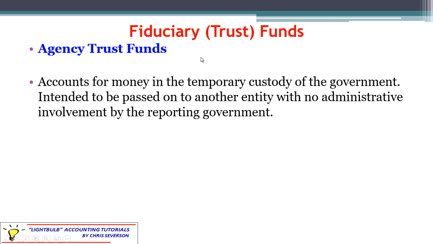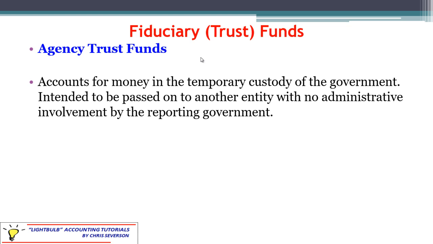Agency trust fund, so it might seem like the same basic thing. You may question, why is there a specific agency trust fund when it seems like all the fiduciary funds are essentially agency funds? It's a slight distinction, but an important one. The agency trust funds, it's where the government is holding on to money, but they should have no administrative involvement.